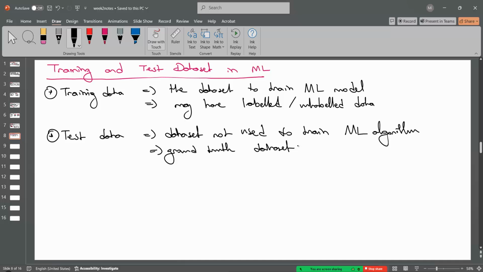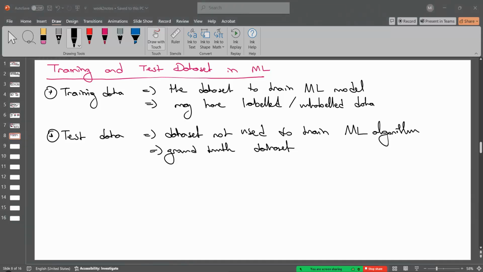If we train our ML algorithm on the training data, we will test the trained machine learning model on the test data, and so we can say whether our model is okay or not.